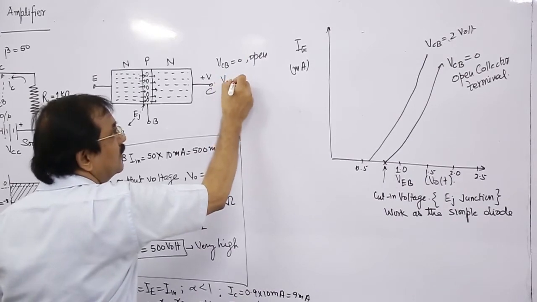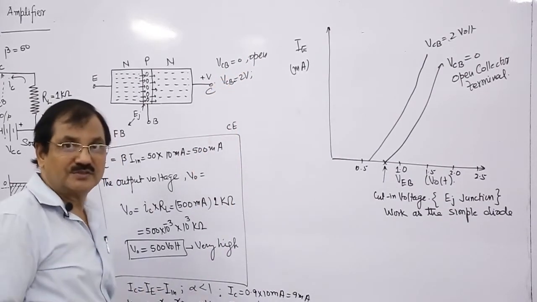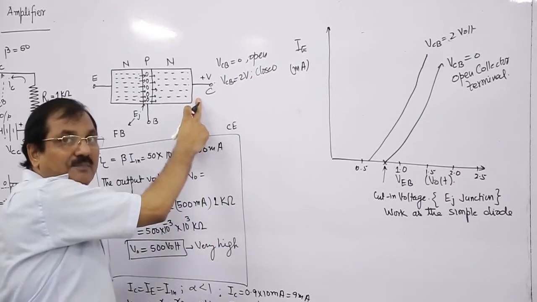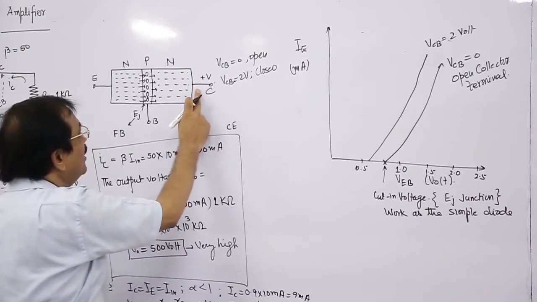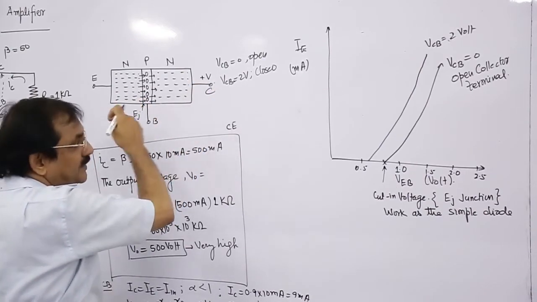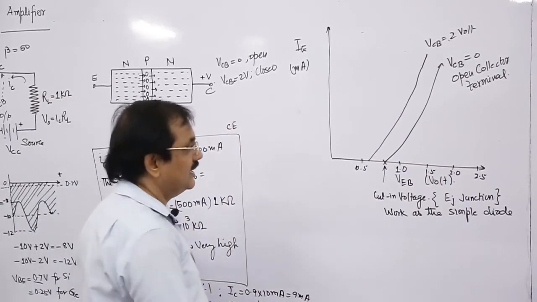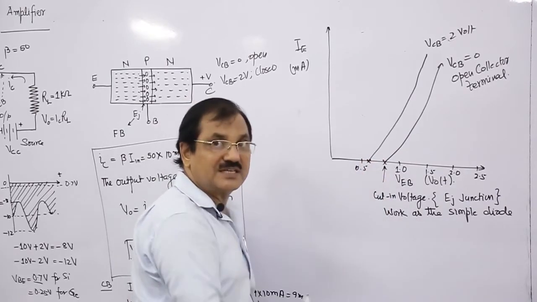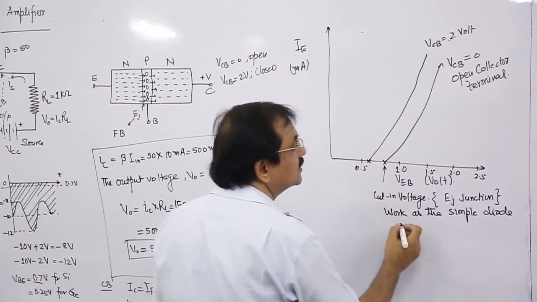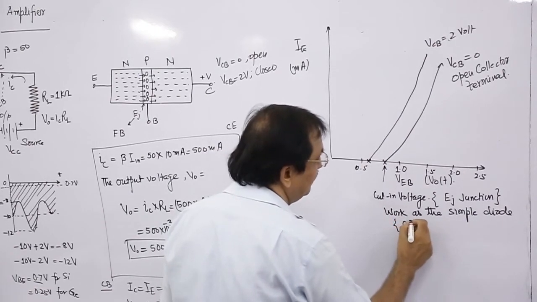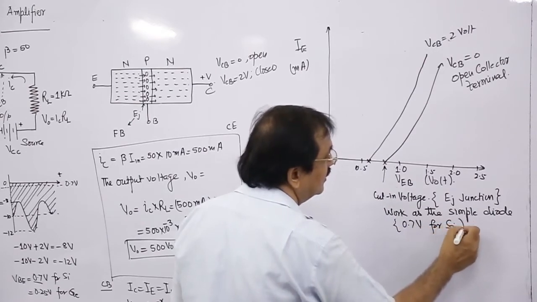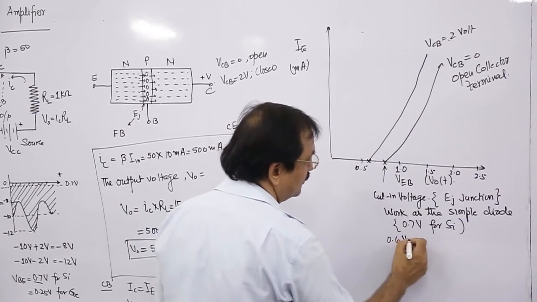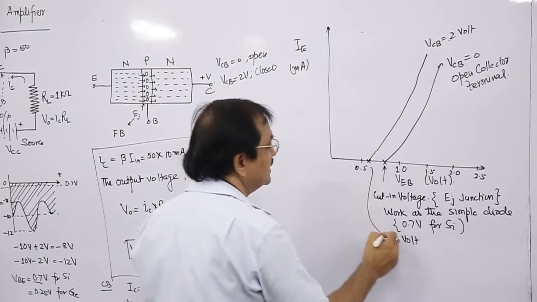When VCB is 2 volt, it is closed, and a potential is applied at the collector point, so the charge carriers are coming up. The current increases fast, so the cut-in voltage starts before the simple diode value. It is 0.7 volt for silicon, and in this case now it is 0.6 volt.